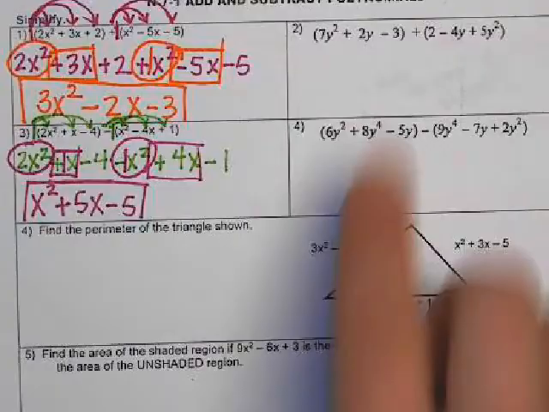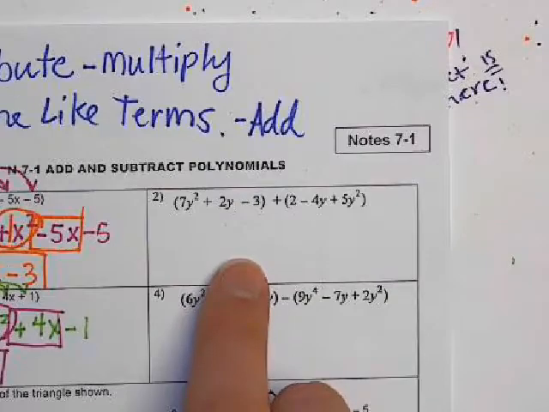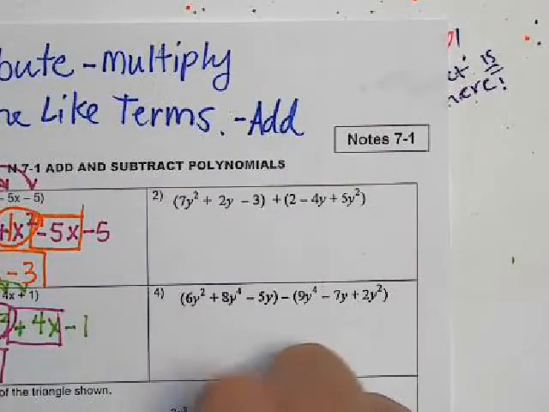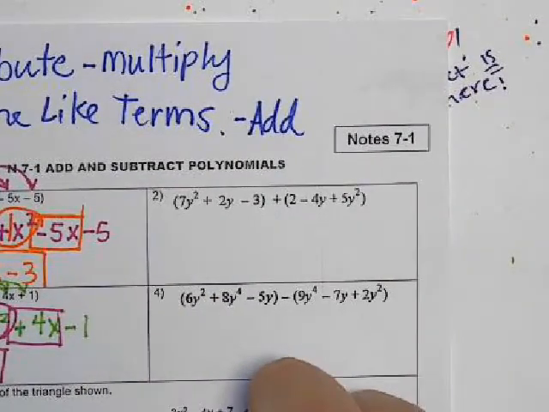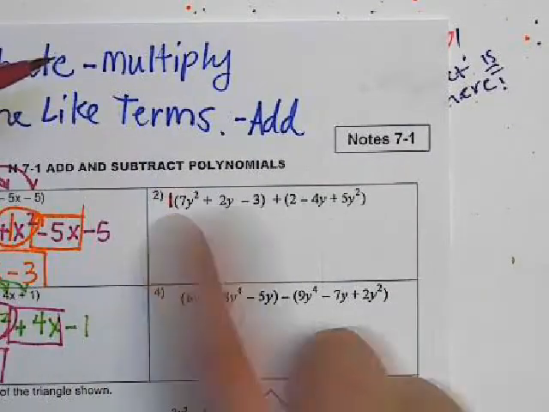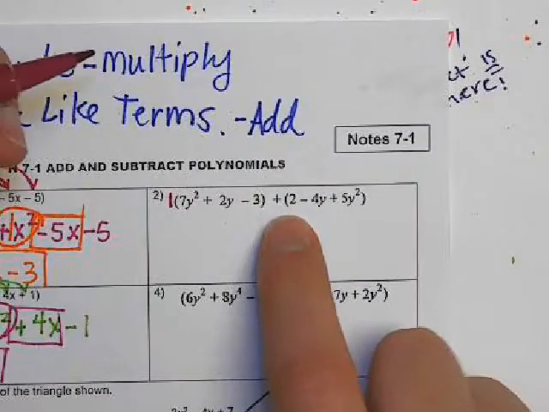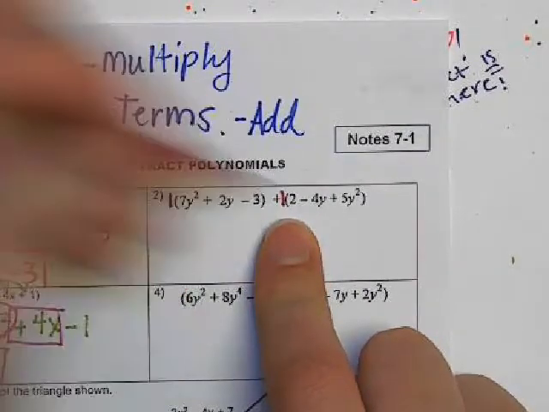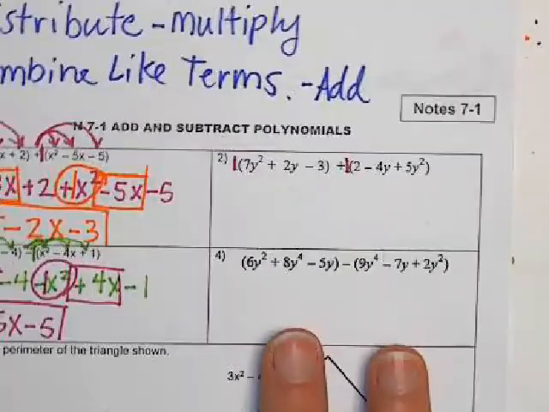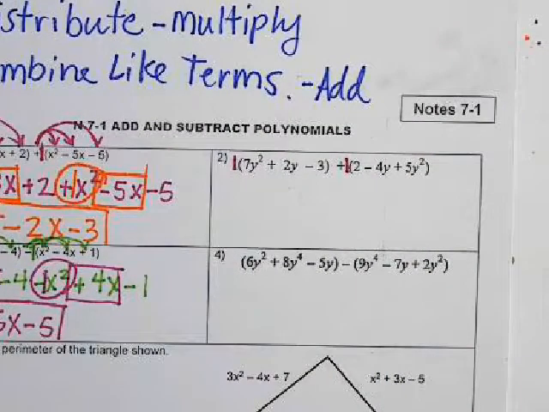Okay, number 2. What am I distributing first? The first parentheses. What number's out there? 1. What's on the second one? Positive 1. Okay, you guys do number 2. Go. Distribute and then combine your like terms. Everybody should be doing number 2 on their own.